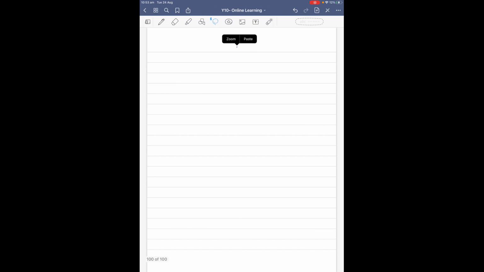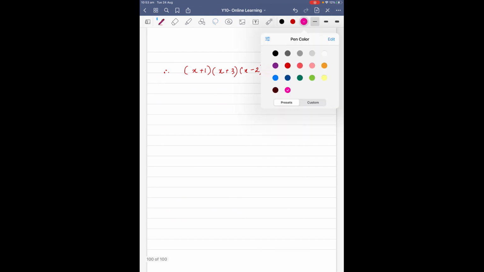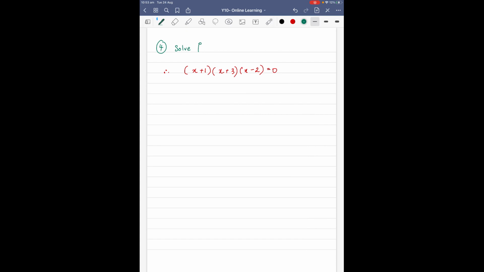Now let's solve for x. So to solve for x, that would be step number 4. Solve for x, and that means we are doing the null factor. So this here, x plus 1 equals 0, just like our previous example. x plus 3 equals 0, x minus 2 equals 0.